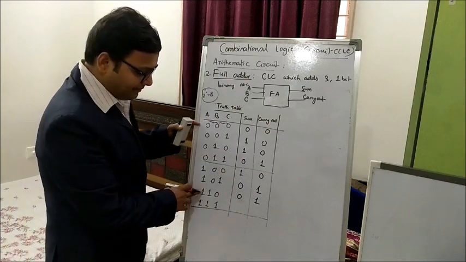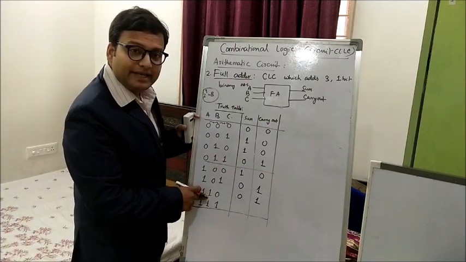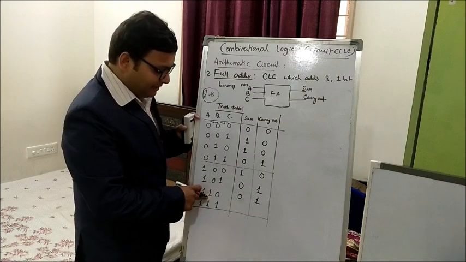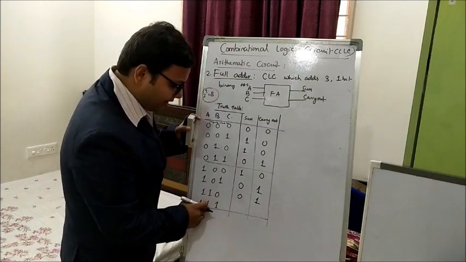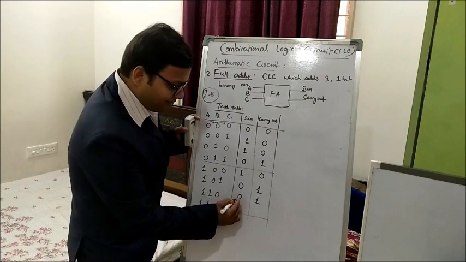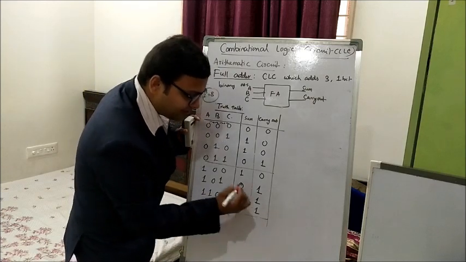Do you understand what I am doing? 1 1 0, there will be a carry out. Then finally 0 plus 0 is 0. Next 1 1 0 0 plus 1 1, carry out is also 1.